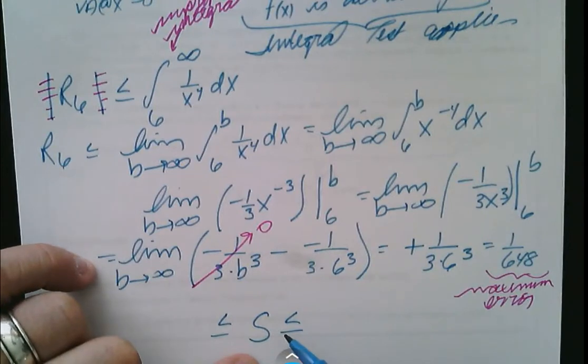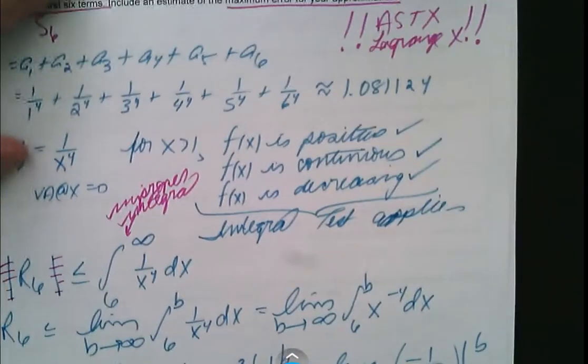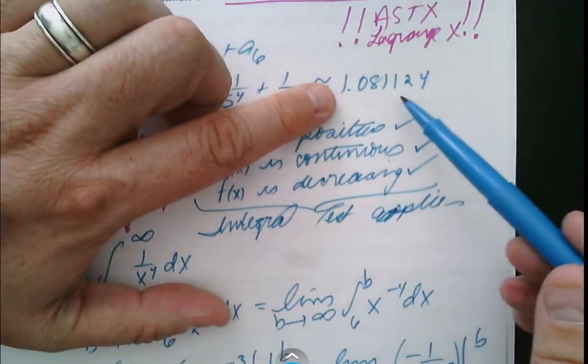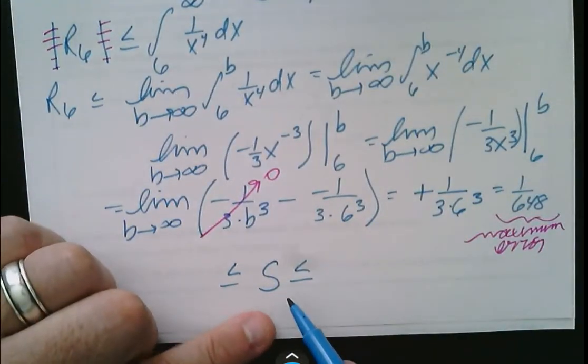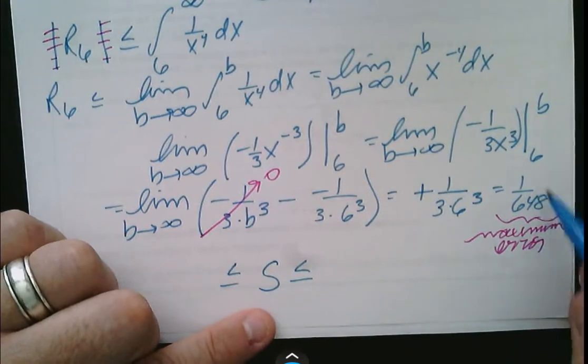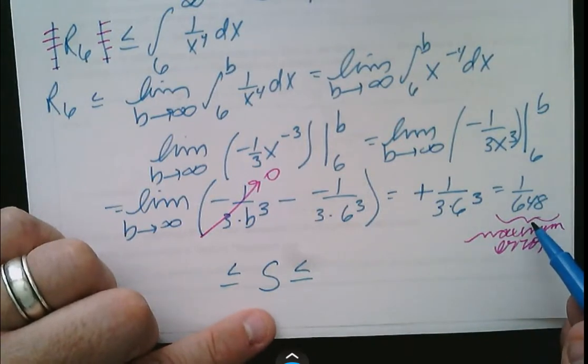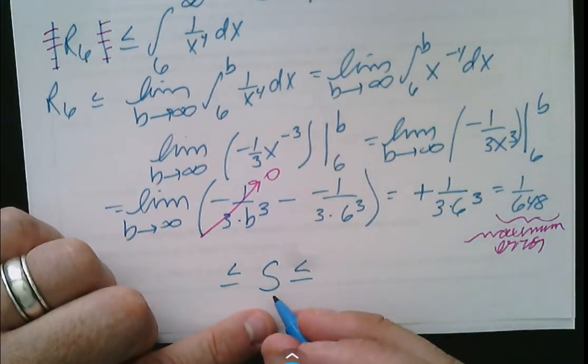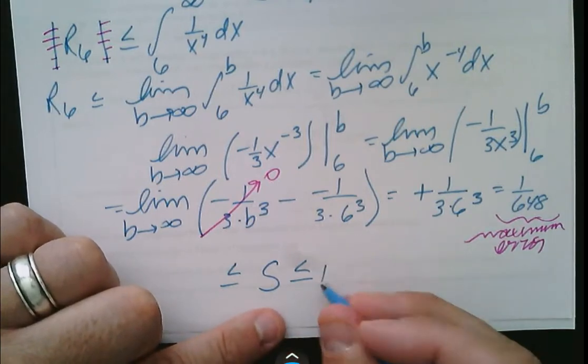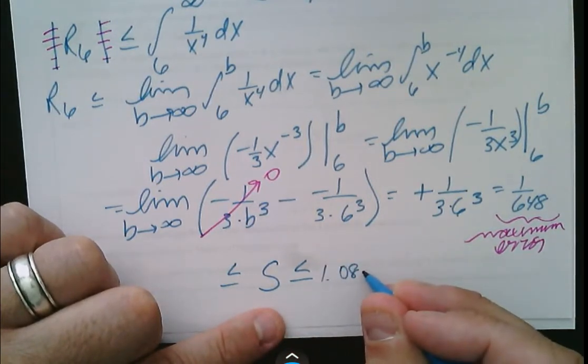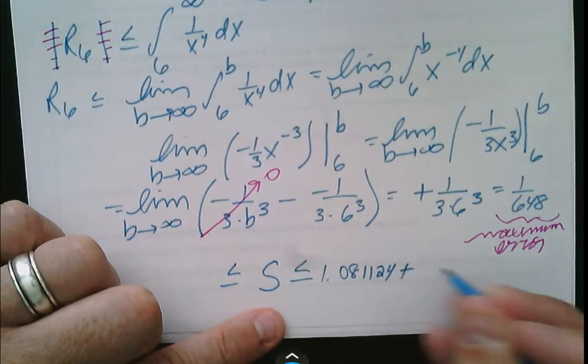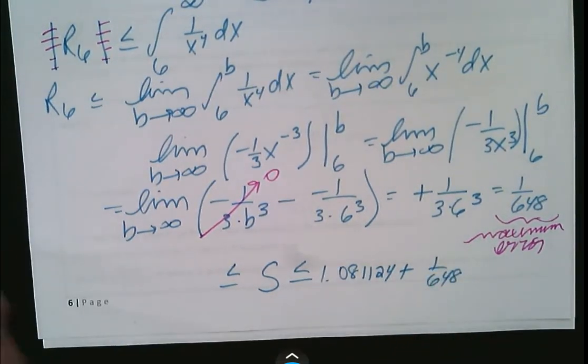I know that my partial sum was 1.081124. That was my approximation. My maximum error is 1 over 648. So the biggest s could be is 1.081124 plus 1 over 648.